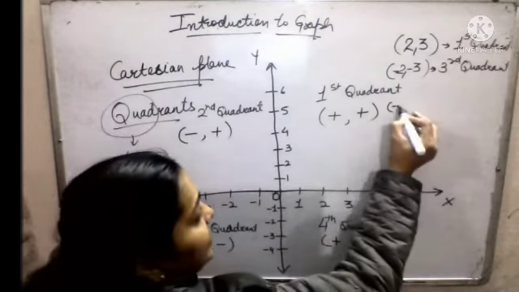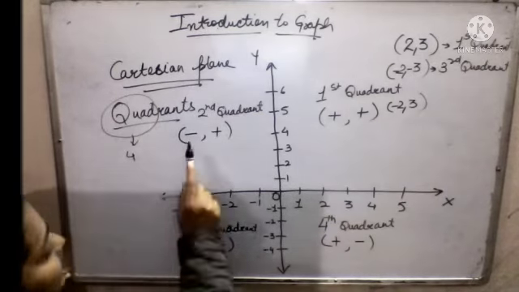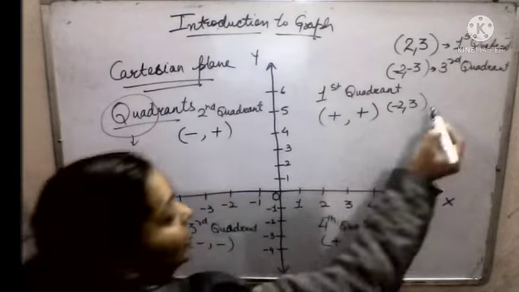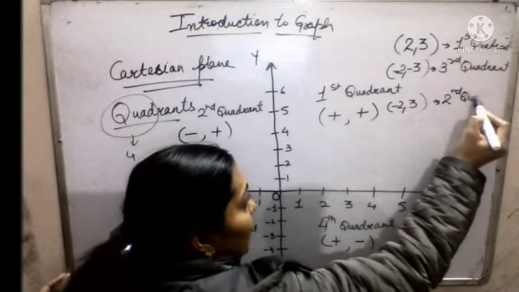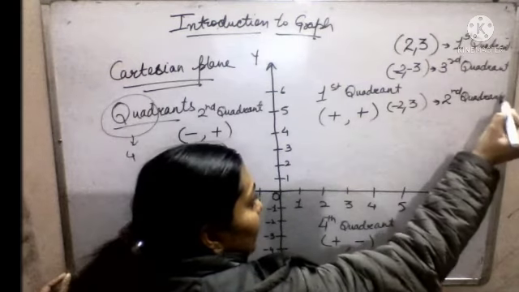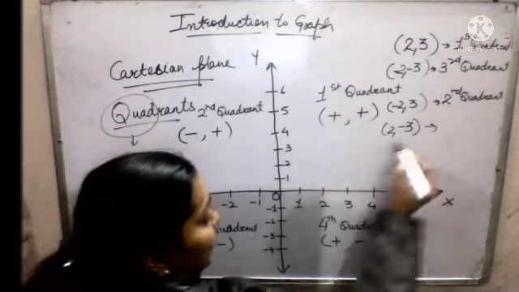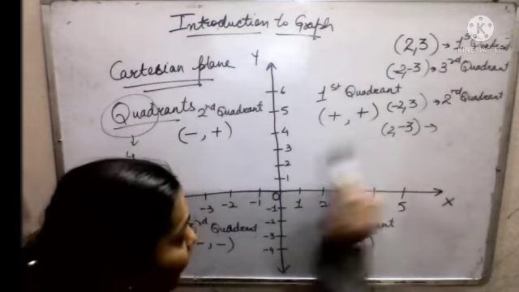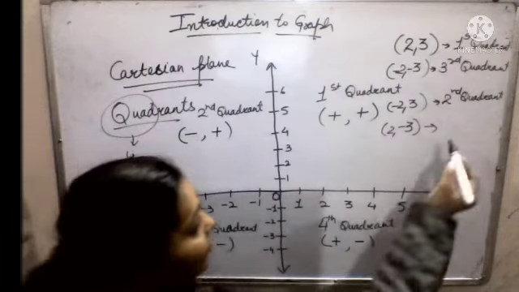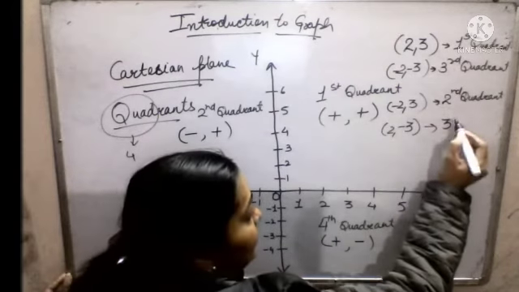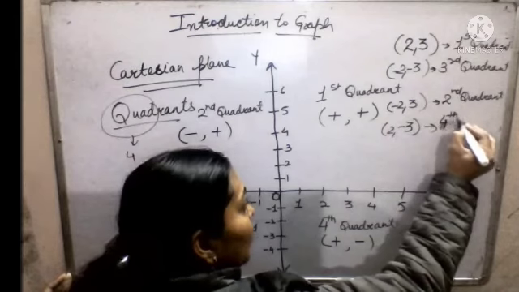If x is negative, as in the second quadrant, the point will lie in the second quadrant. And when we have the point as (2, -3), here y is negative, so it lies in the fourth quadrant.